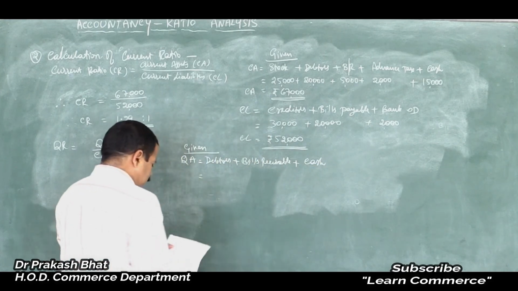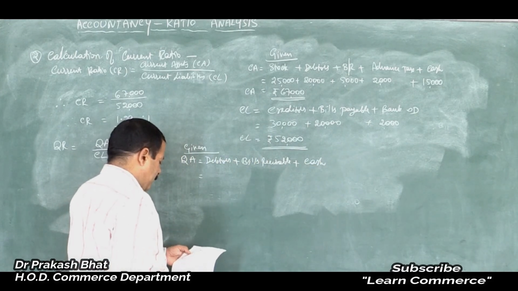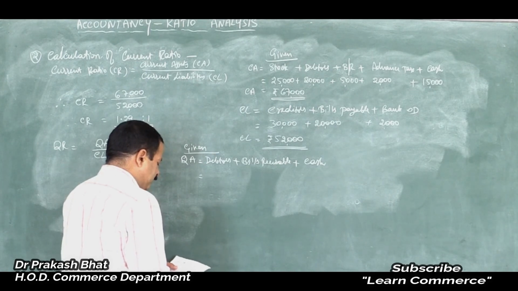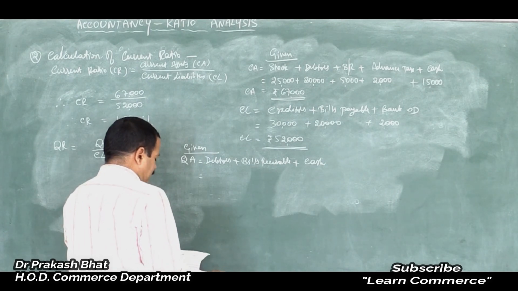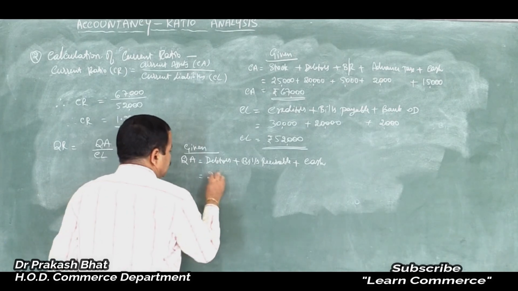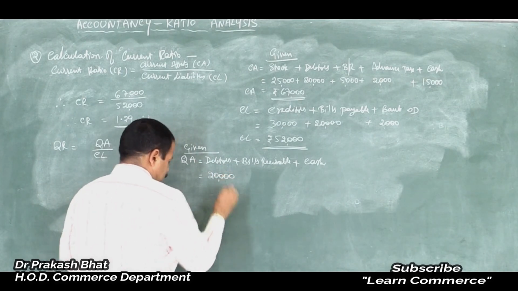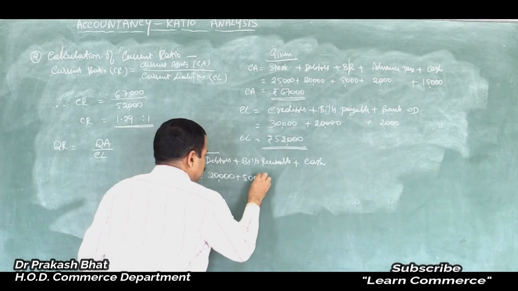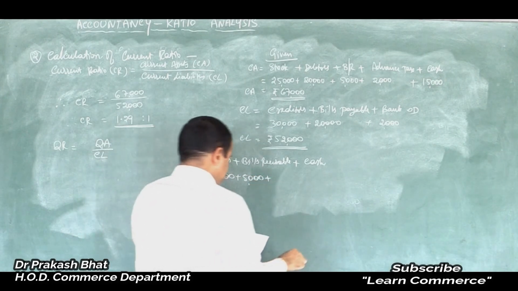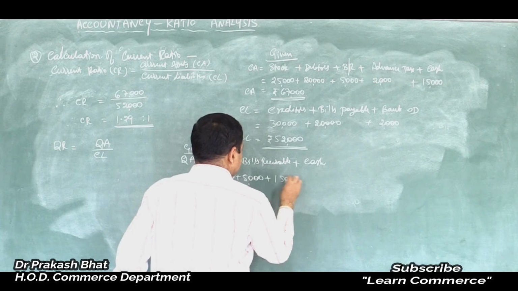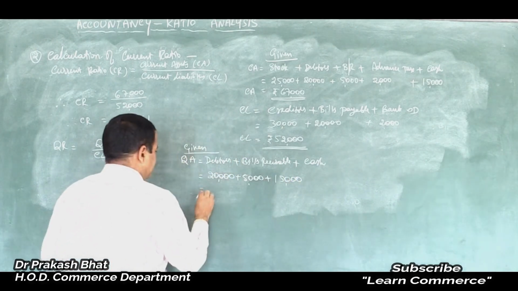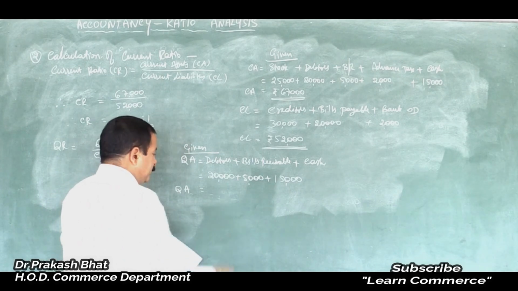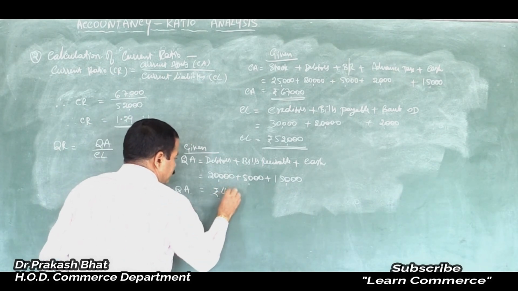So it is equal to how much? Cash 15,000, sorry. 20,000 plus 5,000 plus 15,000. How much will it be? Therefore, quick assets is equal to rupees 40,000.